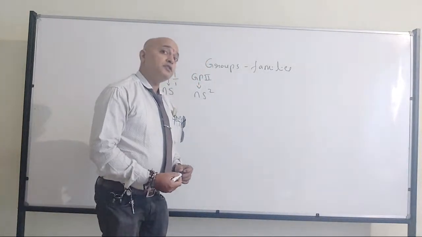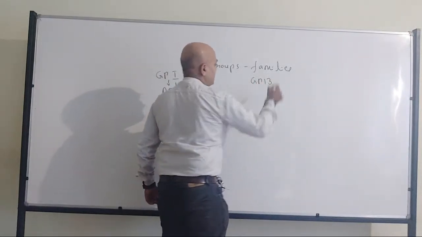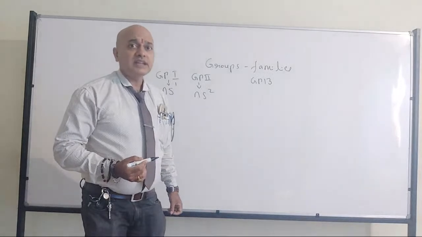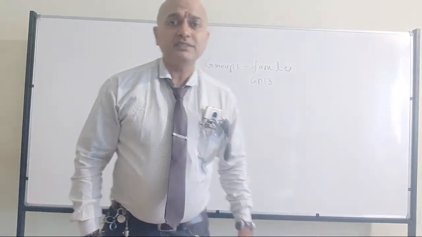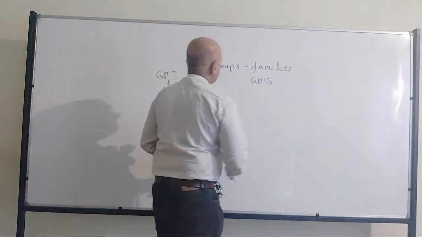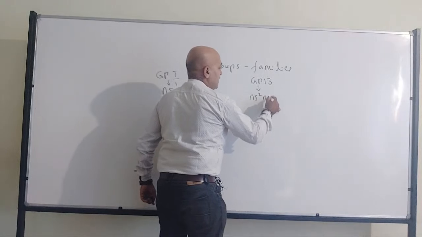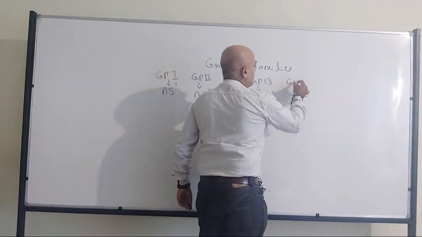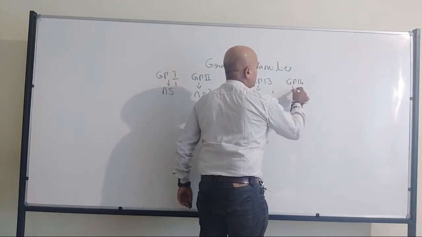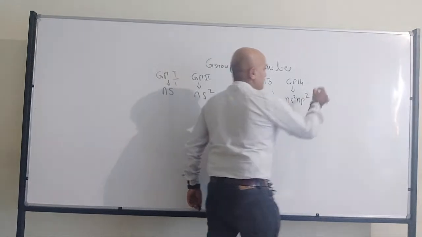The same applies to group 13. Directly I am skipping to the p block elements; I will come to that later. In group 13 we have ns2 np1. Group 14 has ns2 np2.